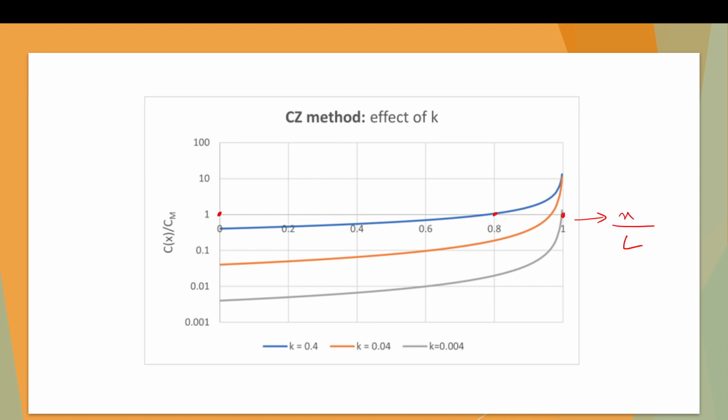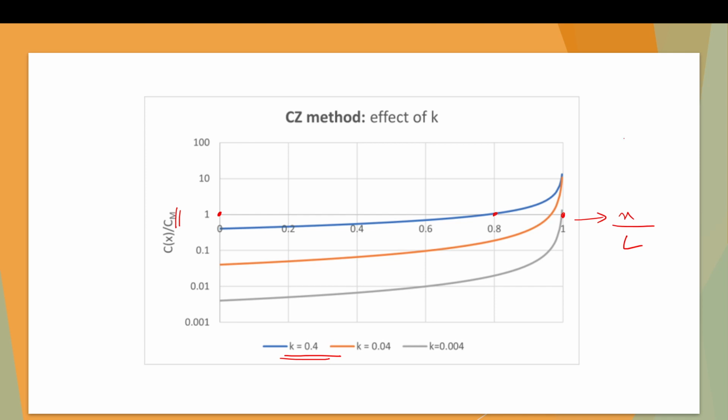If you look at the k equal to 0.4 curve, the blue line, at 0.8, when 80% of the ingot is recrystallized, the concentration of impurities becomes equal to the original impurity concentration.